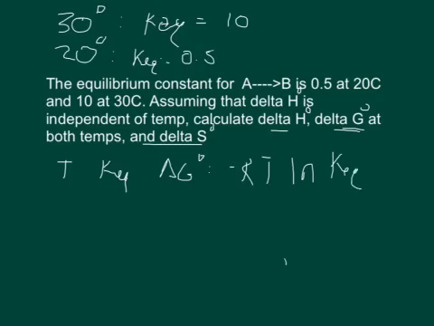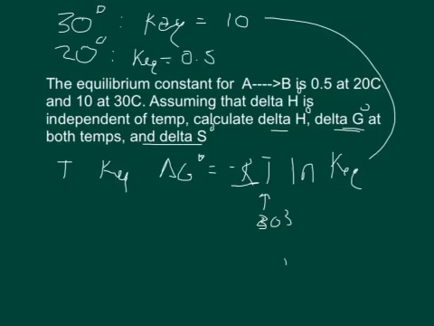So for KEQ at 30 degrees, we just plug in a 10, and for our temperature 303 Kelvin, and R is 0.008314.